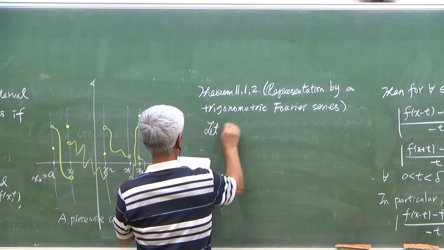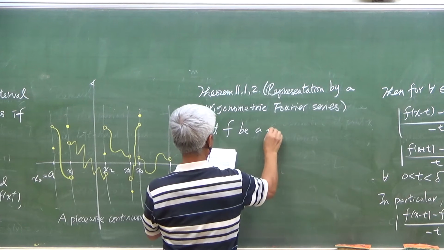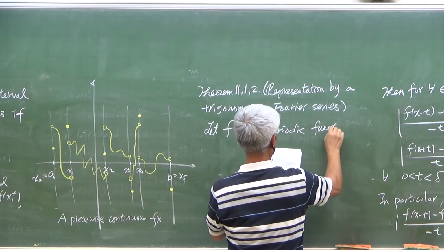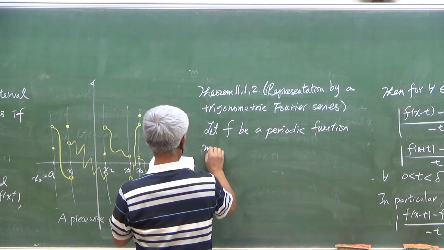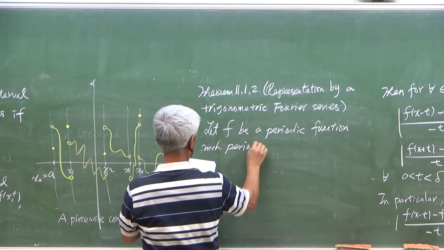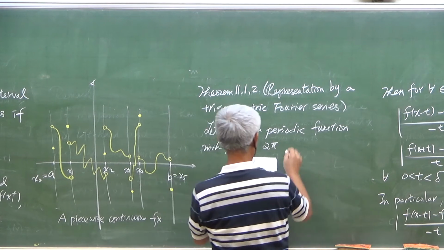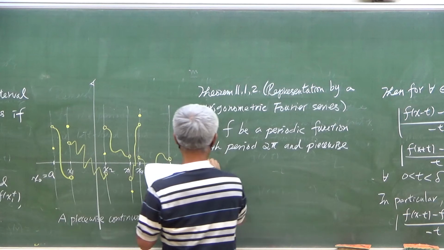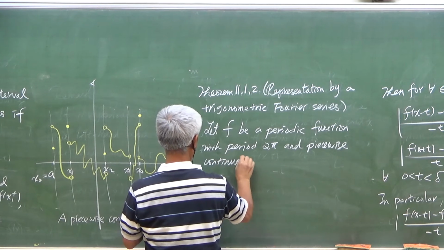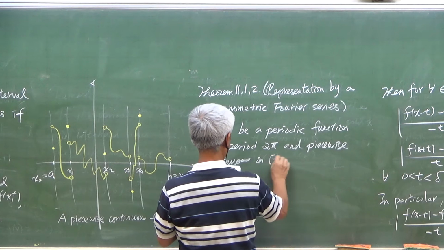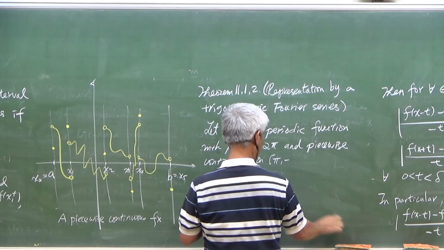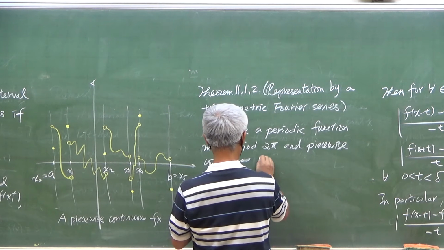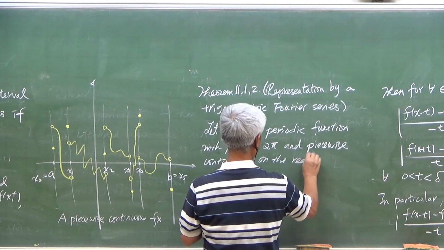Let f be a periodic function with period 2 pi, and this function is piecewise continuous on the real line.